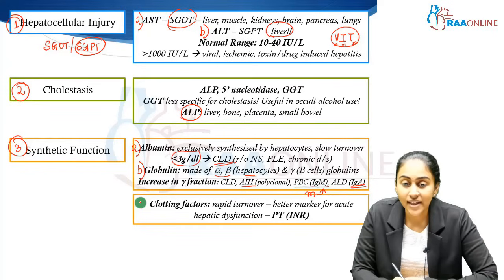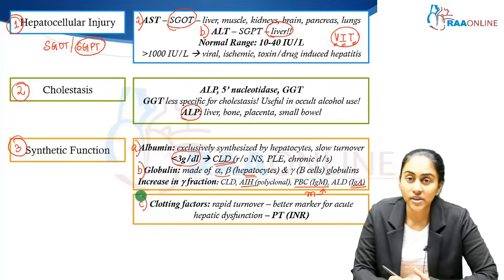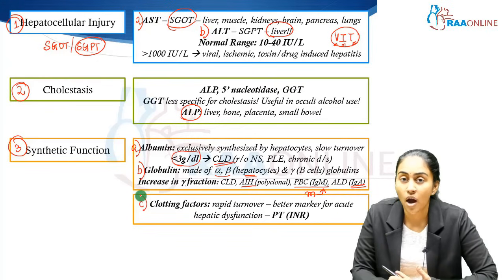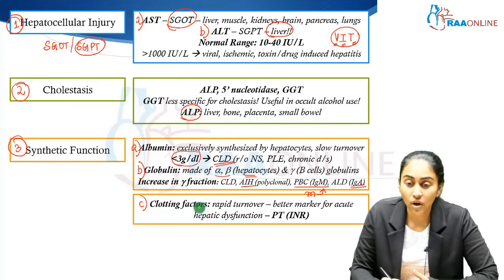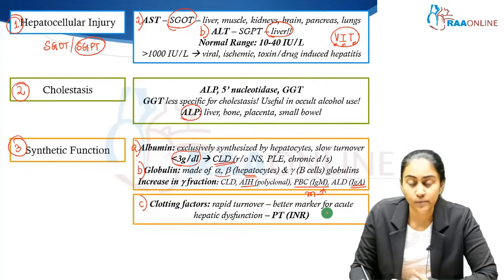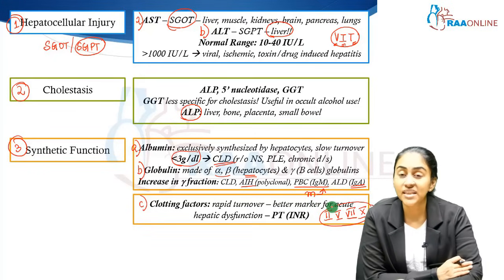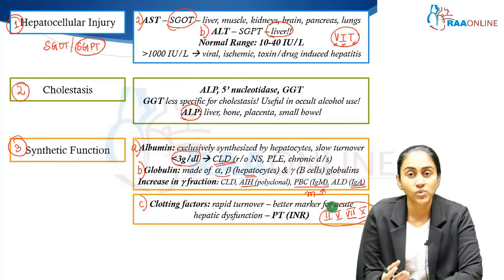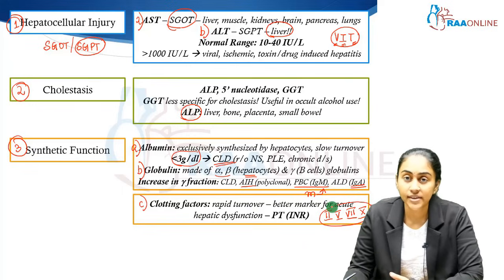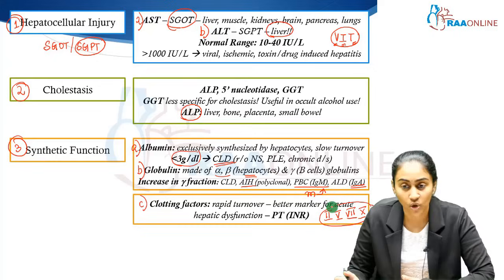And then the first test to look at the synthetic function of the liver is albumin and globulin. The second test is by doing a prothrombin time with an INR, an international normalized ratio. Now, this prothrombin time with an international normalized ratio tells you how the clotting factors are. So, as far as the clotting factors are concerned, almost all the clotting factors except for 8 are produced by the liver, but remember that 2, 5, 7 and 10 are dependent on vitamin K. Therefore, reduction in these clotting factors can be seen both in a liver disease or in patients with vitamin K deficiency, which can arise in patients with fat malabsorption, as it is a fat soluble vitamin.